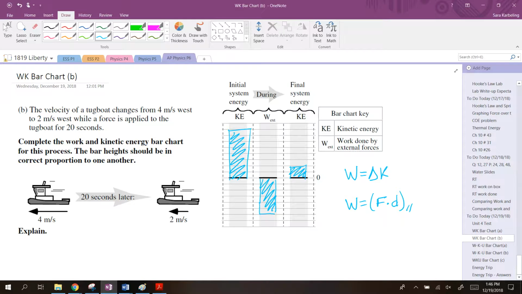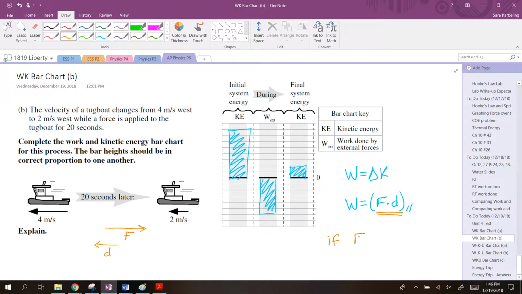So if you think about this, if the boat was going fast and then it slows down, which direction is the force pushing in? The opposite. It's pushing this way, right? So if we were going to draw the picture, the force is going in this direction while the distance is going in this direction. So really, the angle there, theta, is 180 degrees. They're 180 degrees off, which means that the work will be negative. So you might just want to make a note in your notes.